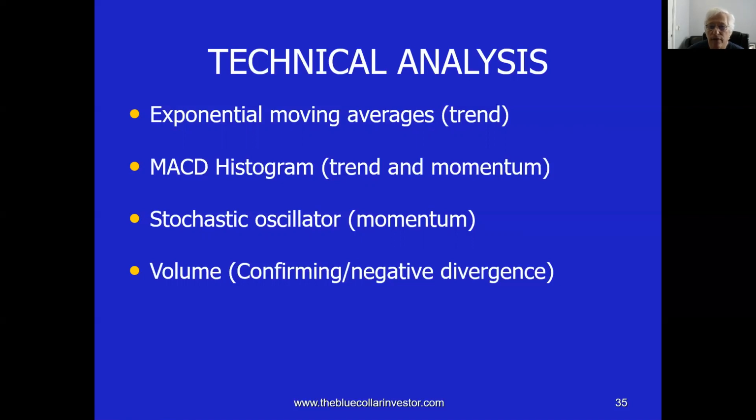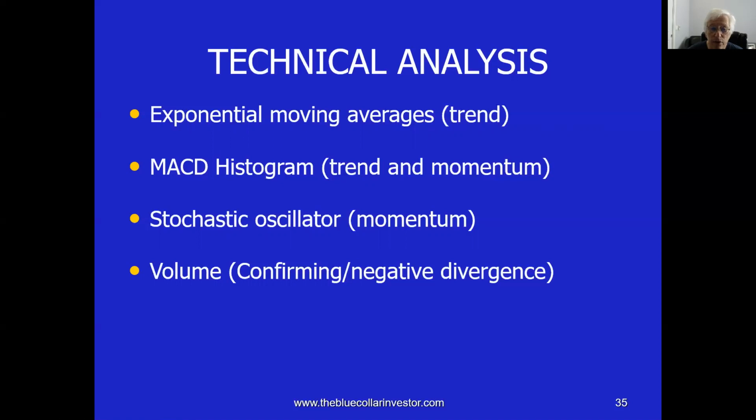Now, there are a lot of technical parameters, and the ones that I use, I'm happy to share with you. And I've used them very successfully now for over 2 decades as it relates to short-term option selling. But feel free to use the ones you're most comfortable with, as long as they include trend, momentum, and volume confirmation. So we use exponential moving averages to identify trend.